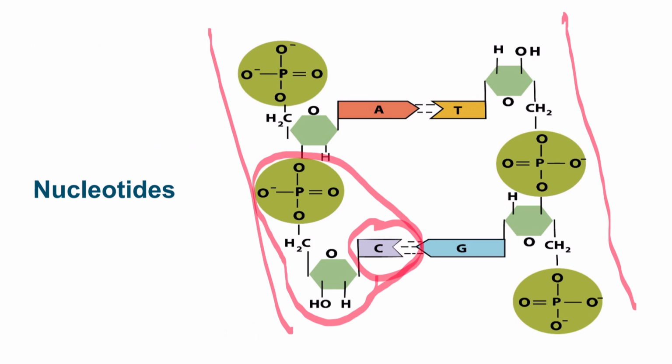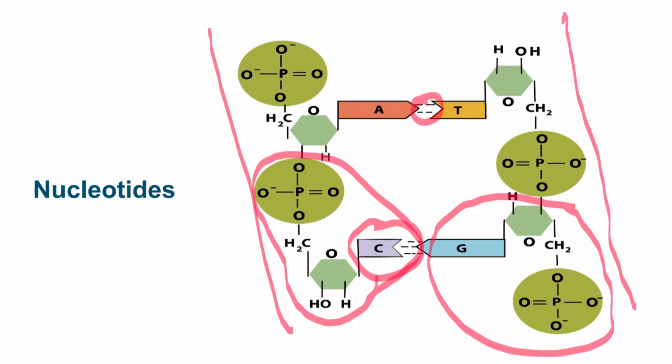So all of this here is one nitrogenous base. And then you've got another one over here, and this is for guanine. So the nitrogenous bases are joined together in between the 2 strands of DNA, and these bonds right here are hydrogen bonds.